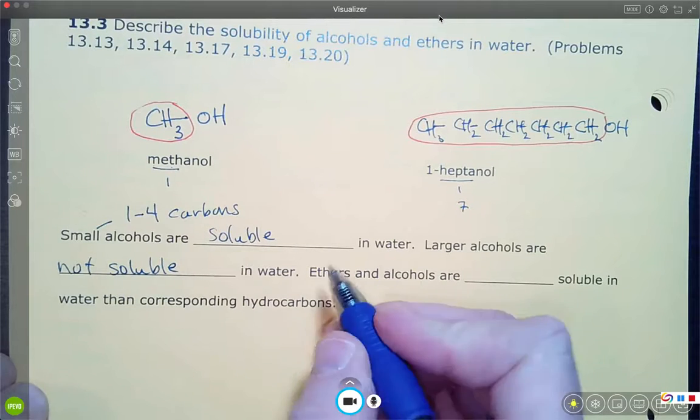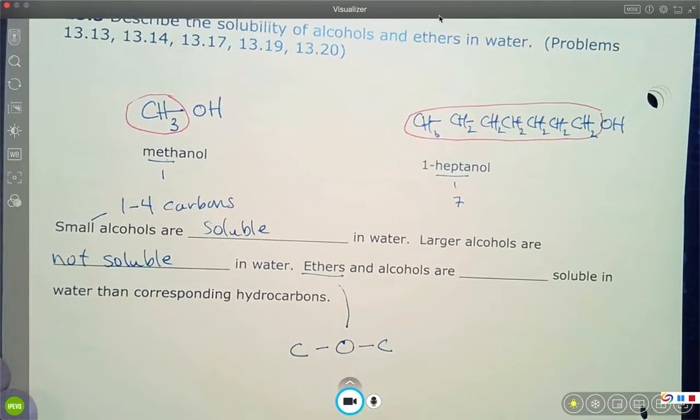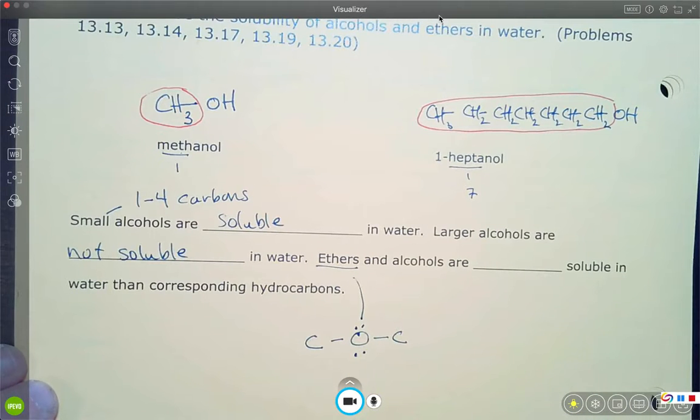Ethers, remember the functional group in ether is an oxygen sandwiched between 2 carbons. And what's unique about ethers is that they have lone pair electrons here. And I won't go into all of the details of this, but when you look at water, this is the shape of water.